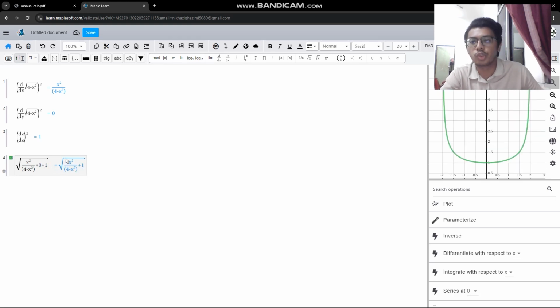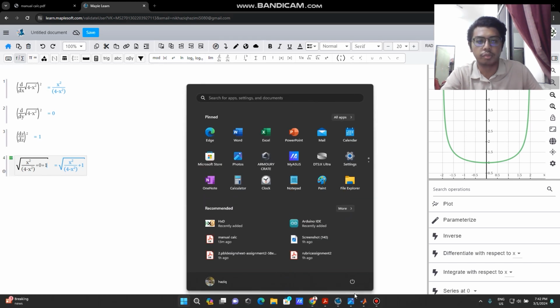Then we get square root of x squared over 4 minus x squared plus 1 dA. So this is the information we need to implement the software calculation using Matlab. Without wasting any time, let's open Matlab.